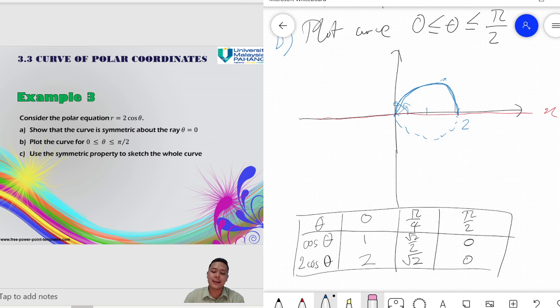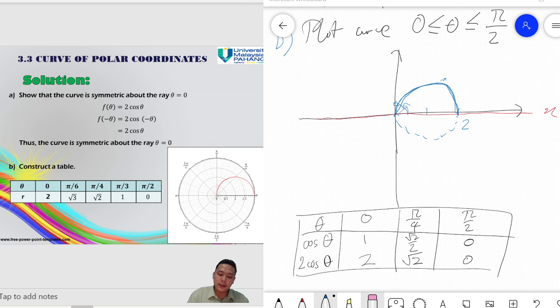Okay, sketch this nicely. I'm having a hard time to sketch on this. Dia jadi bulatan ya. Dengan diameter 2. Okay, let's move on. Okay, this slide is similar with my previous solution just now. I just explained it one by one.